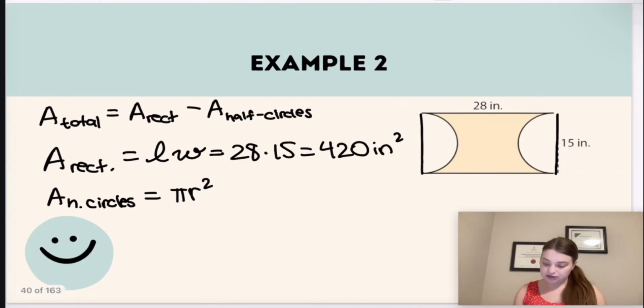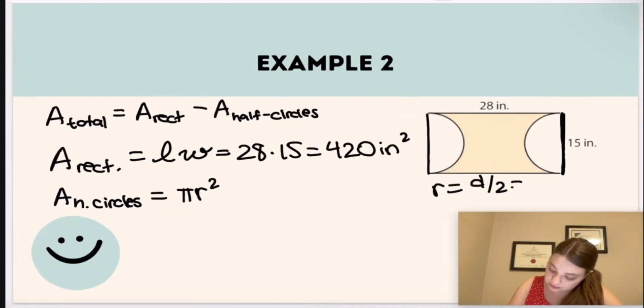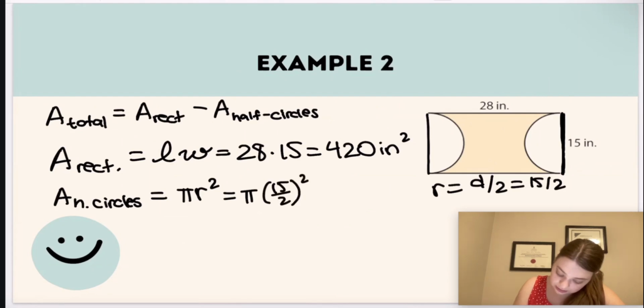Then I'm going to identify what the radius is. It looks like this full diameter that goes from one end of the circle to the other is 15 inches, and we know that the radius is equal to the diameter divided by 2. So in this case, the radius is 15 over 2, or 7.5. Therefore, the area is pi r squared, which is pi times 15 over 2 squared.